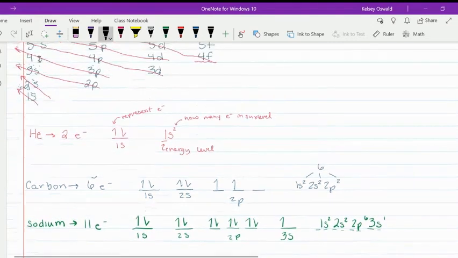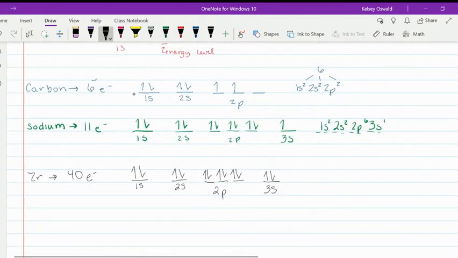So if we look at our arrows, after the 3s, we come back around, and now we're going to hit the 3p. Remember, anytime we have a peanut, there's 3 ways to look at it. So we're going to have 3 different orbitals or 3 different beds for that 3p. We'll give each electron their own bed first. But we still have 25 electrons we need to place, so we're going to have to start doubling them.